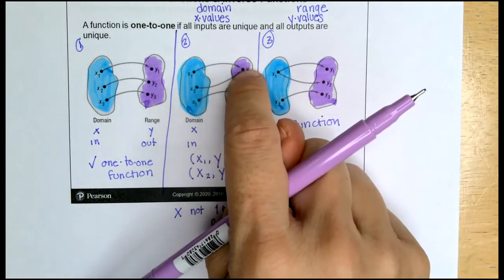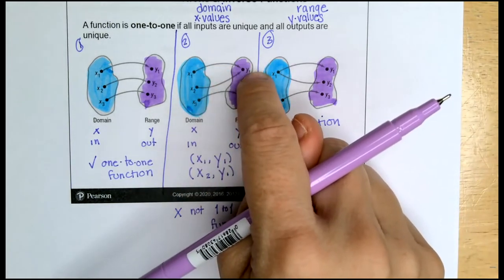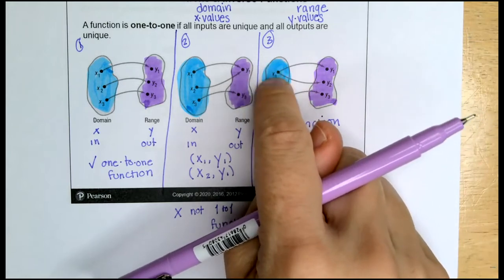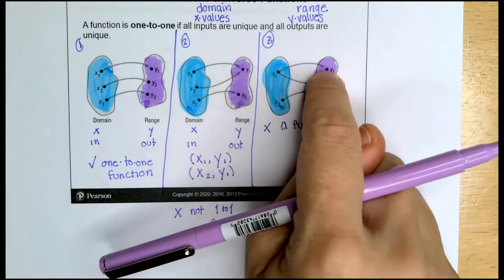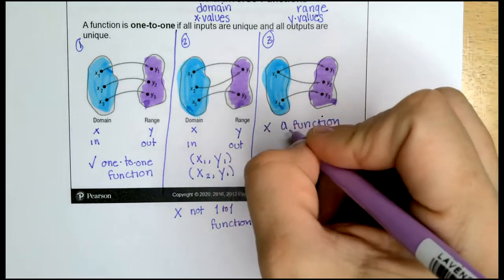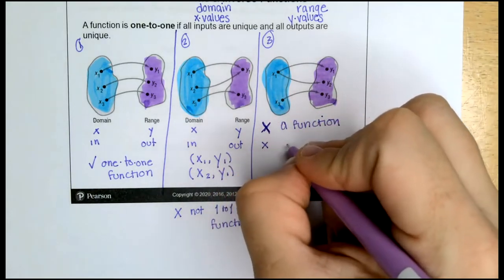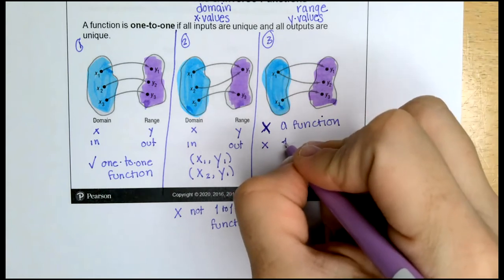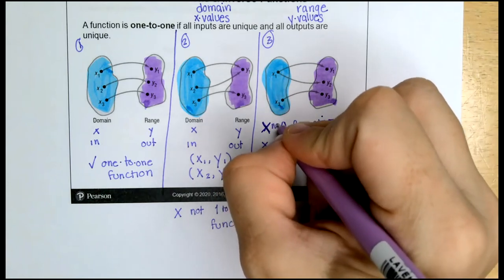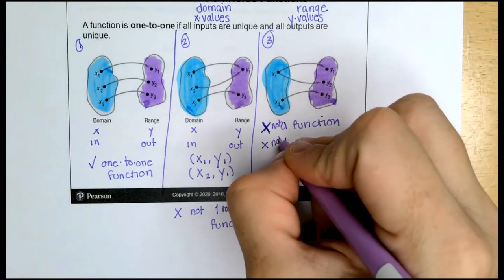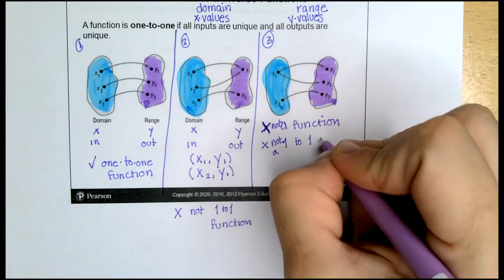This x only has one y, this x only has one y. It's okay that they have the same y, but here one input has two different outputs. That can never be a function. So not only is it not a one-to-one function, it is not even a function. Not a function, not a one-to-one function.